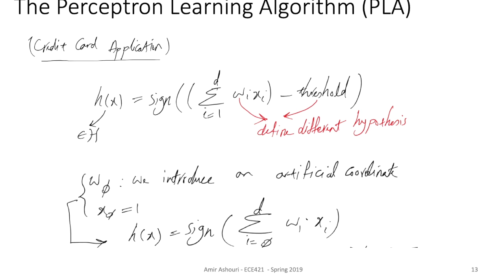Yeah, X0 is equal to 1, and you say W0 is equal to the threshold. Shouldn't W0 be the negative threshold? But when you bring it back to the other formula, no, okay, I understood what you mean. Yeah, in essence, it could be minus at some point. But in order to formalize it this way, yeah, it could be in some cases. It depends on the threshold. Right. Yeah, I appreciate all these questions.